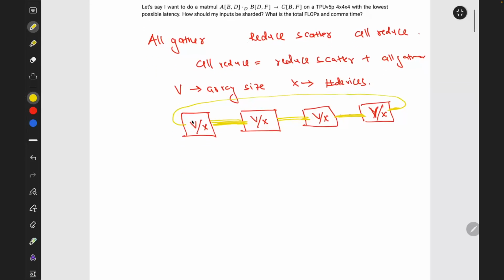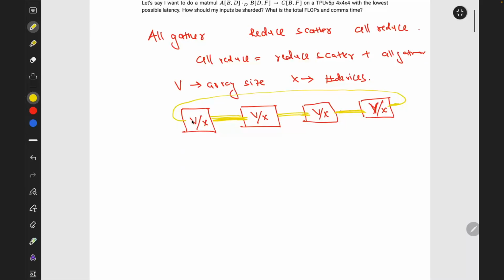So the total time taken would be: you are sending V by X data, and also you will be receiving V by X. So every time there is a total bandwidth of 2 V by X, and the time taken is 2 V by X into the number of hops.